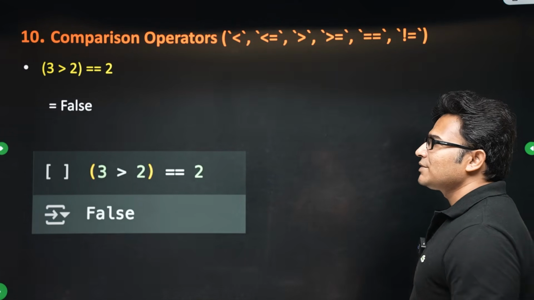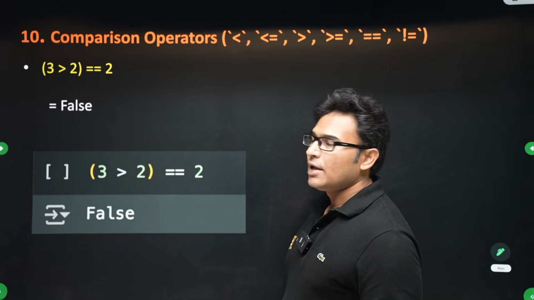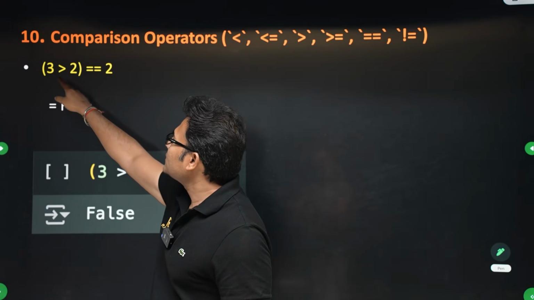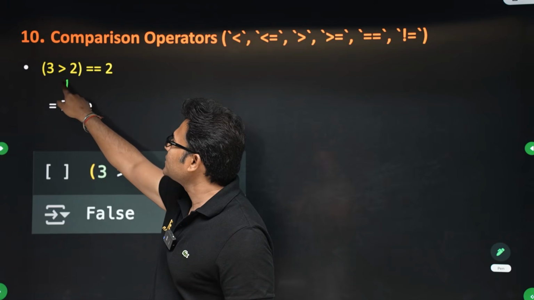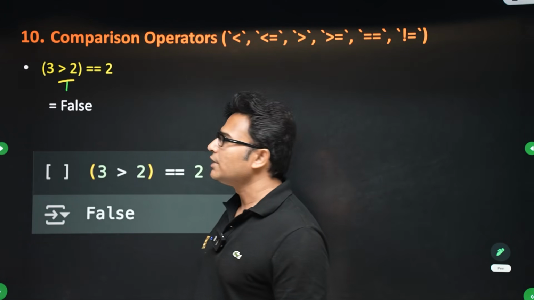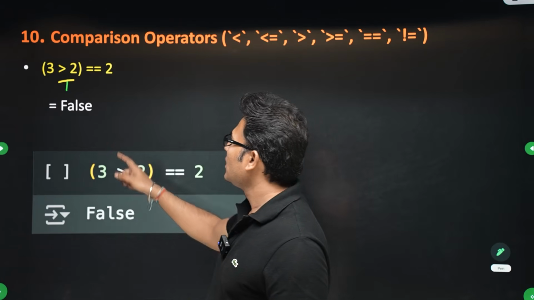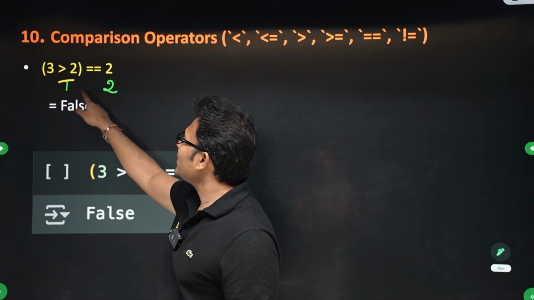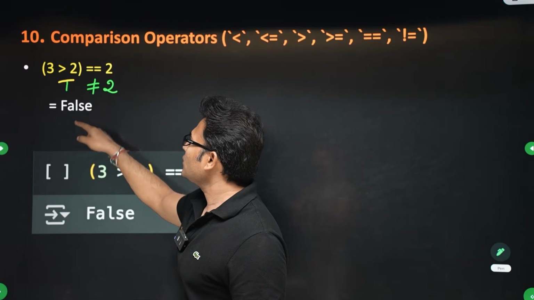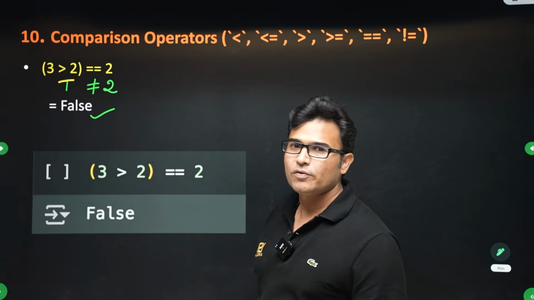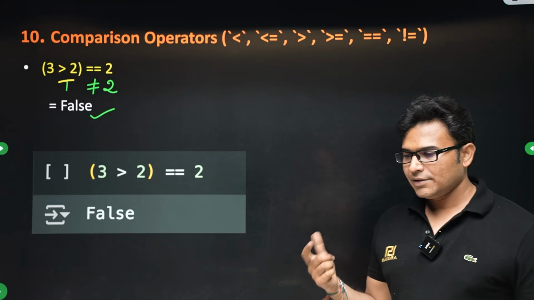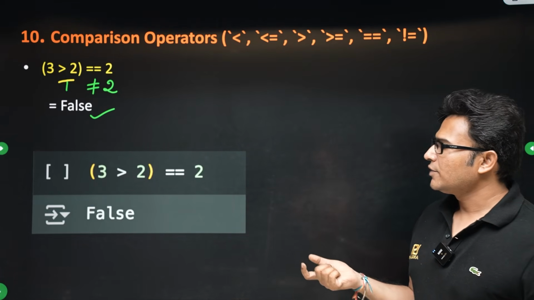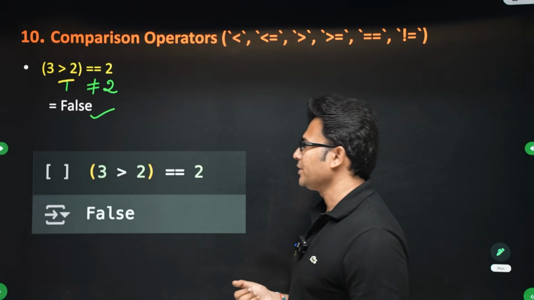Now when you put parenthesis, it is different again. When you put parenthesis, 3 is greater than 2, which means it is true. Therefore it is true. Now true and 2 will be compared. Both are not equal, that is why it is false. So when you put parenthesis it behaves some way, and when you don't put parenthesis it behaves some way, okay?